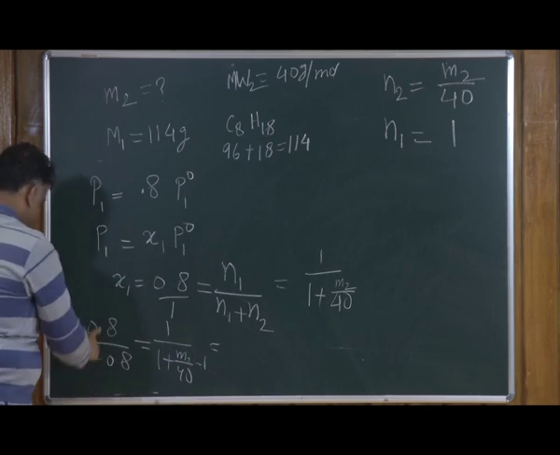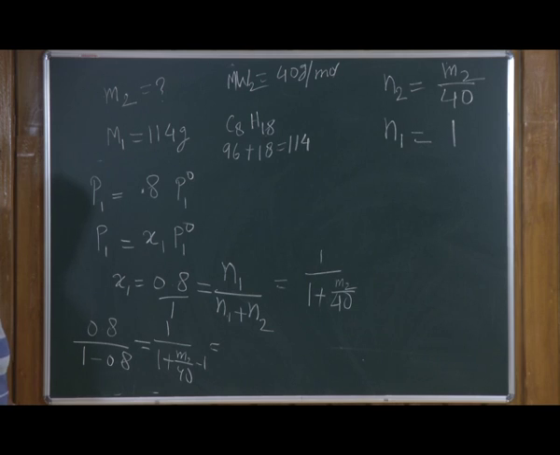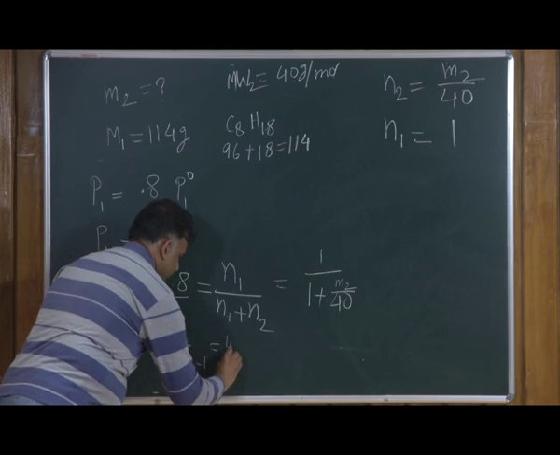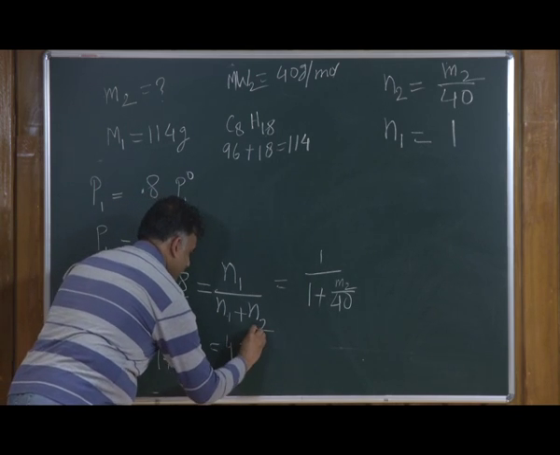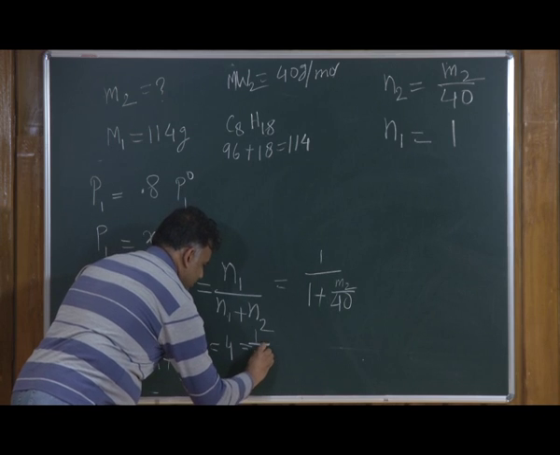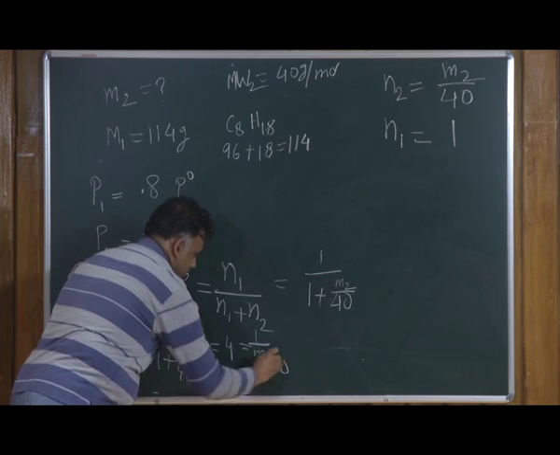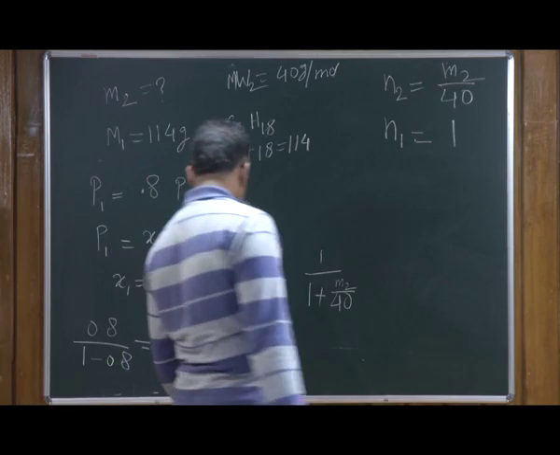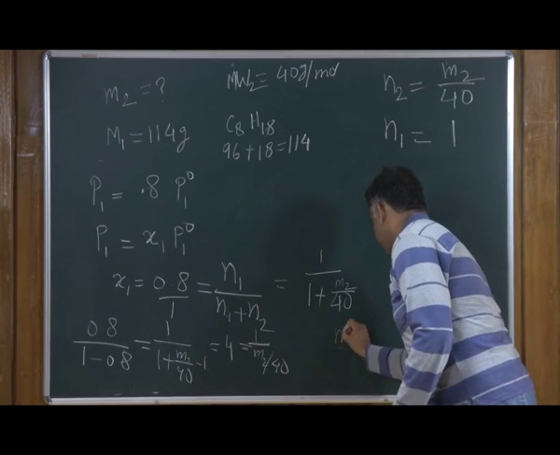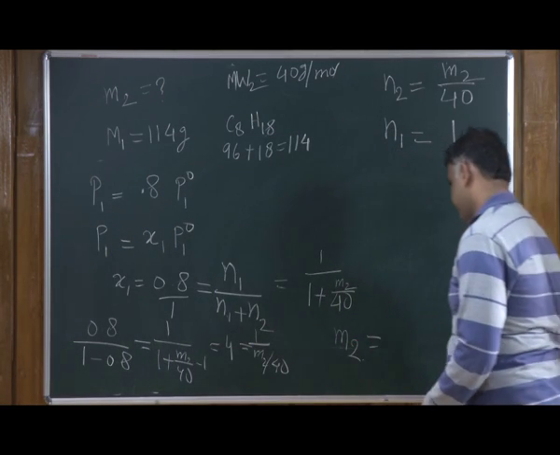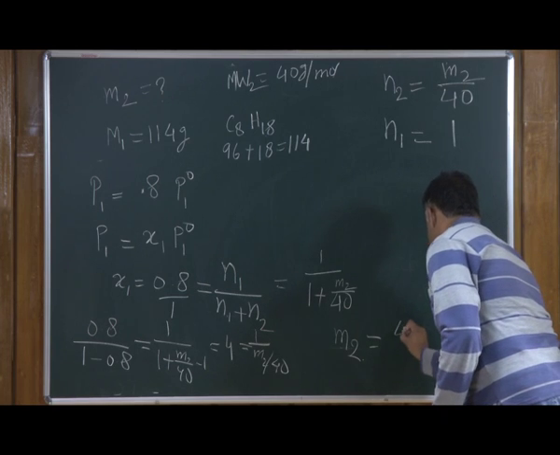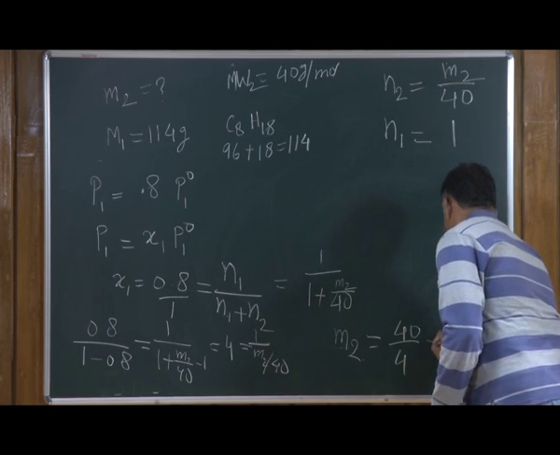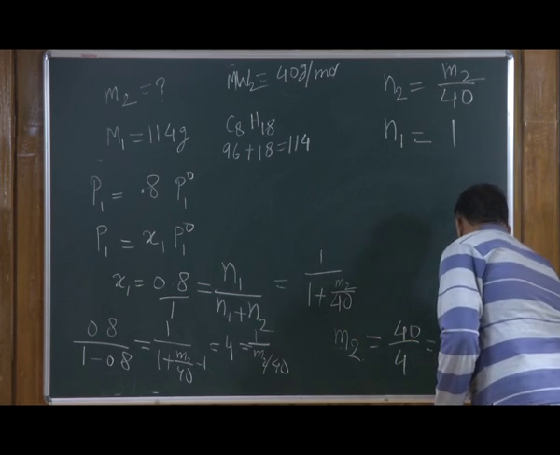So, that is 0.8 divided by 0.2, that is 4. 4 is equal to M2 by 40. So, this is now a simple equation to solve. M2 is simply coming out to be 40 by 4. So, the answer is simply 10 gram.